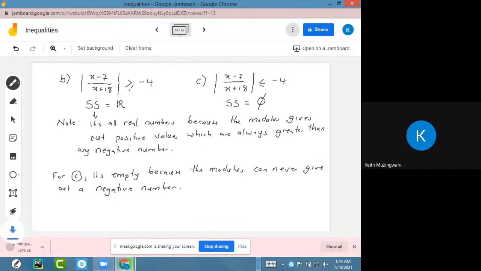Unless we have questions. If you have no questions, we can end our class here. I'm not giving you any tasks for today, but we are done with inequalities when it comes to solving. In the next class, we'll continue with the tool sheet.